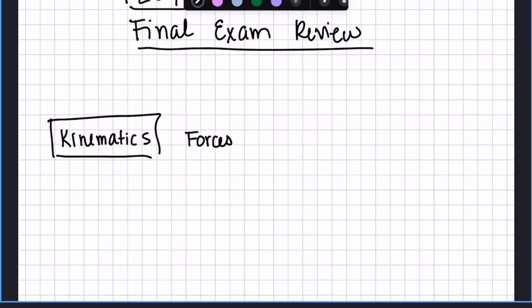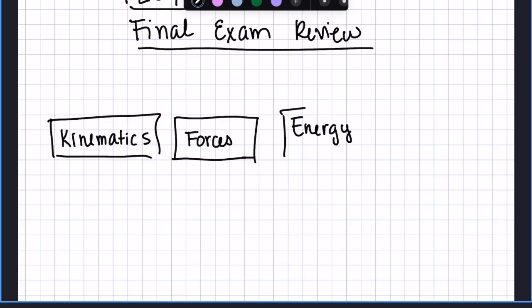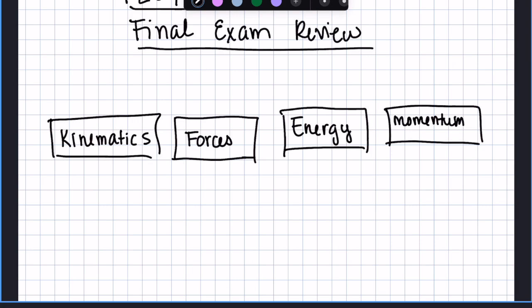Our forces and Newton's second law, our dynamics stuff, is its own thing. Then all the work-energy stuff is its own. And then momentum and conservation laws is its own thing as well.